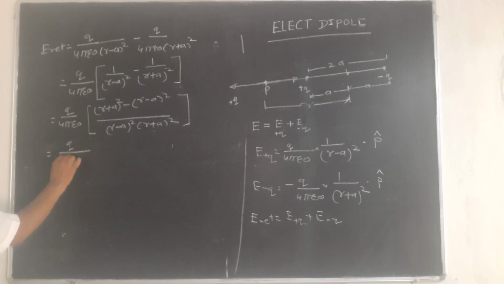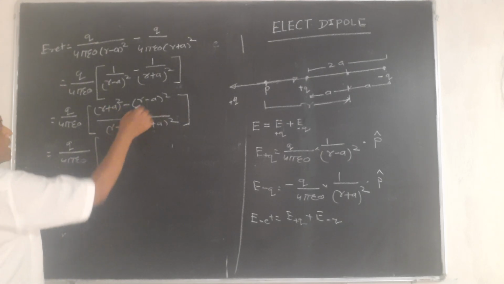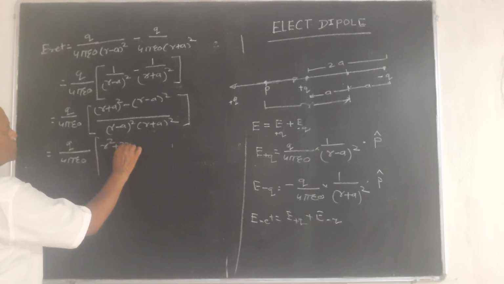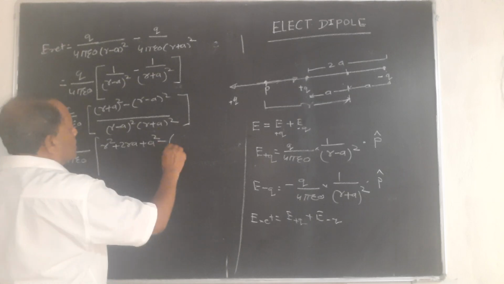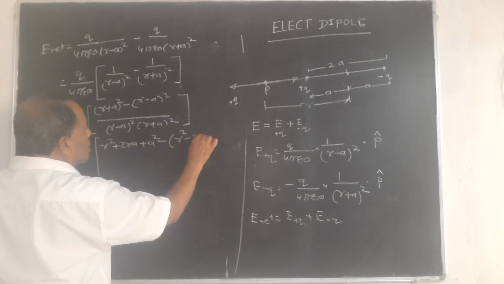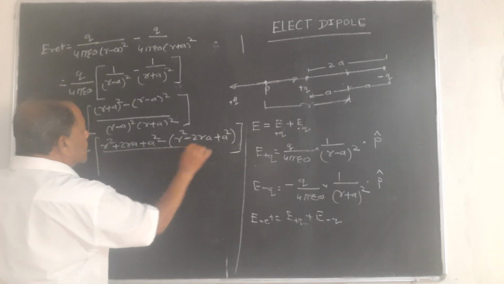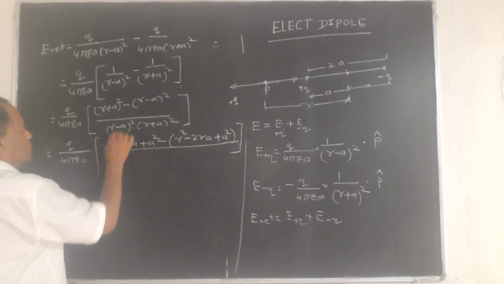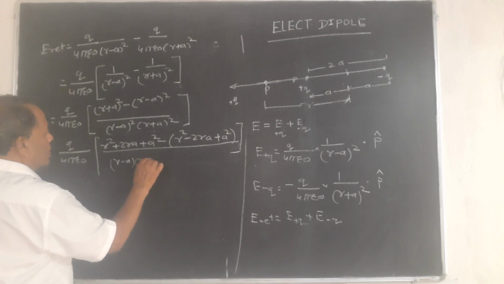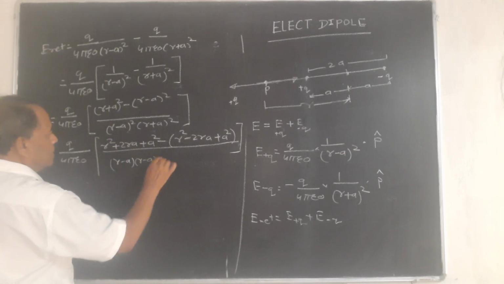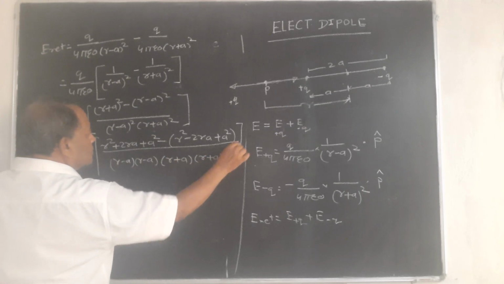We open the brackets: r square plus 2ra plus a square minus r square minus 2ra plus a square, divided by (r minus a) twice and (r plus a) twice, since it is a whole square.